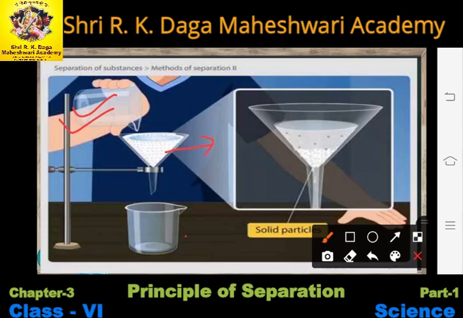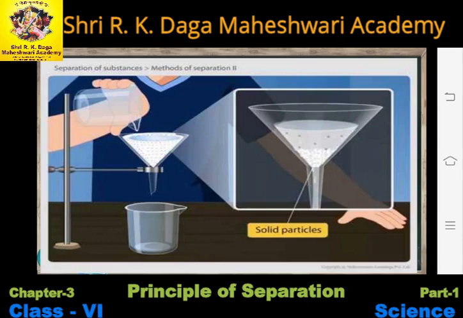In this filter paper there are so many tiny holes through which the liquid will pass into the container given here, while the solid part will remain in the filter paper only, and we can easily separate the solute from the filter paper. In this way we can separate the insoluble solids from the solution, right?